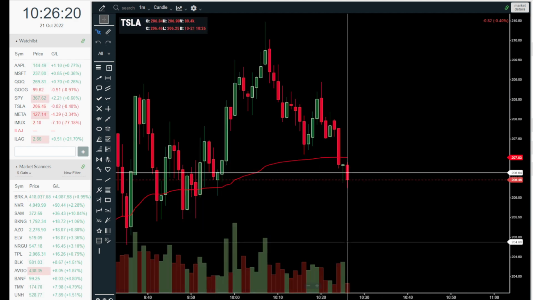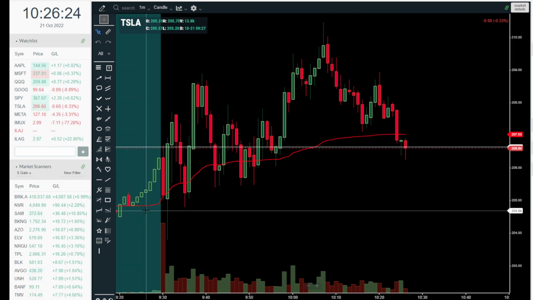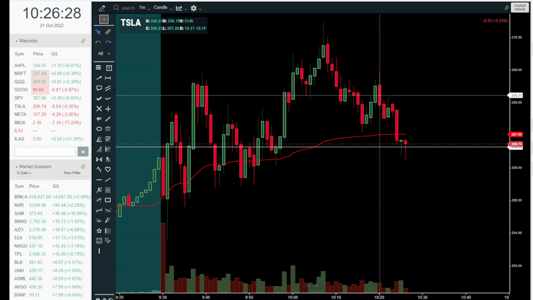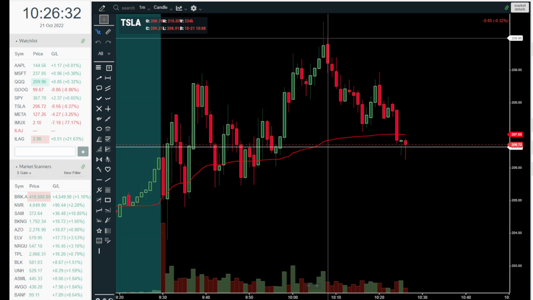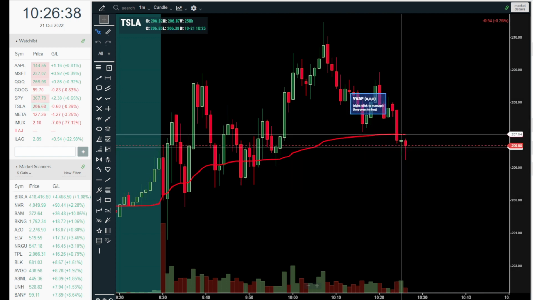Now in the 1 minute candle, Tesla keeps making higher highs and lower lows. Here it had a pivot on the top side, and then this is a head and two shoulders, and now it's coming down. We need to see what happens at the VWAP.